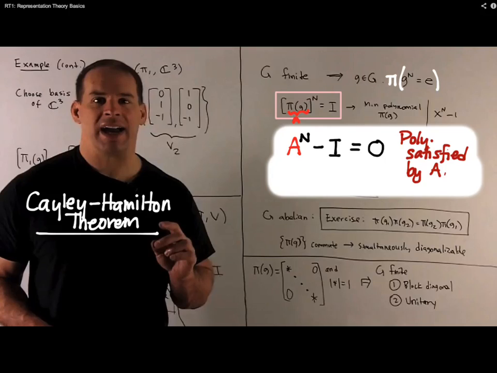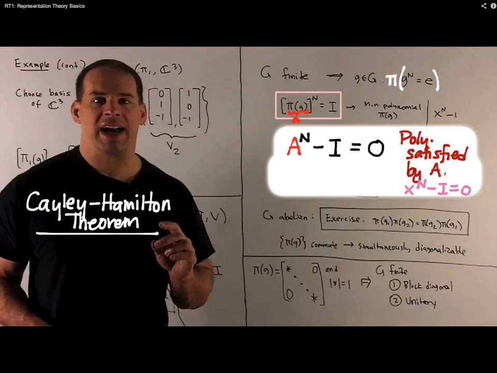This polynomial equation would be x to the n minus the identity matrix equals 0.